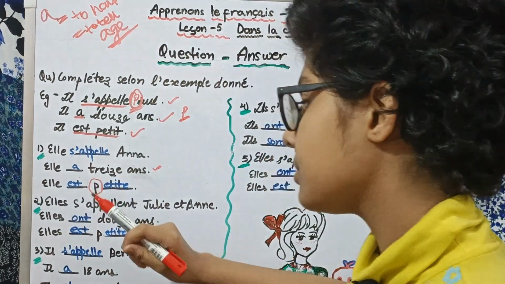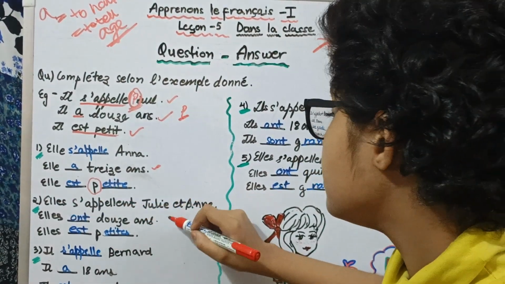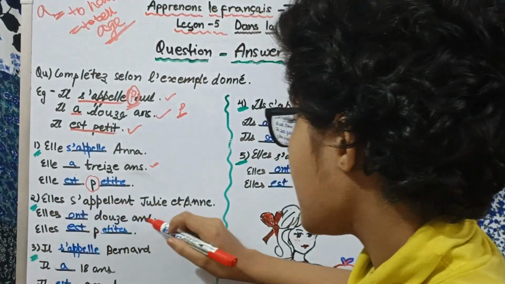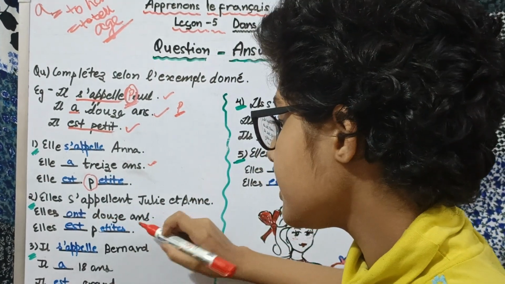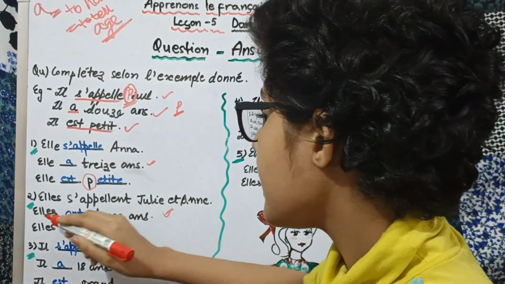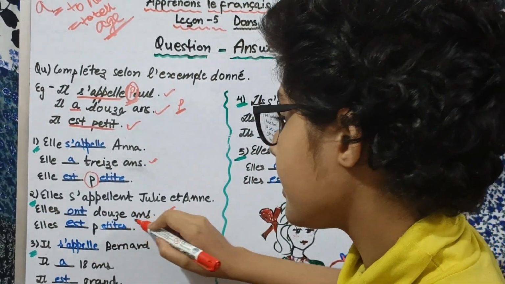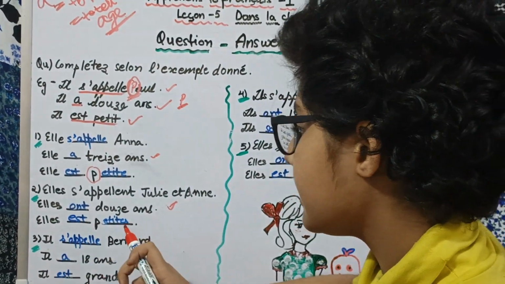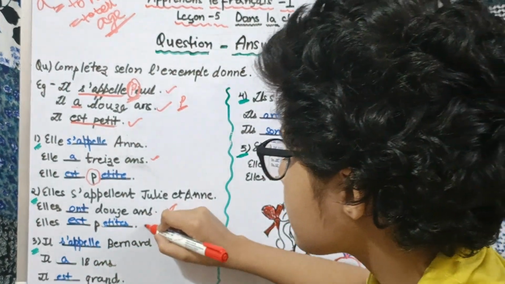So now let us go on to the next one, that is elles s'appellent Julie et Anne, which means their name is Julie and Anne. What is their age? Here their age is elles ont 12 ans. Their age is 12-year-old. Then we have the next sentence, that is elle est petit. Elles est petit, which means that they are small.